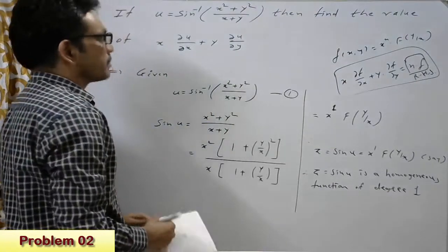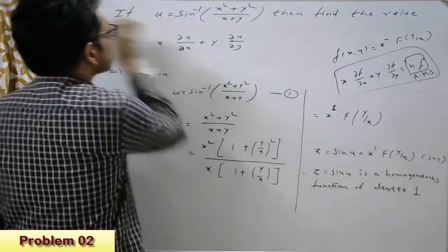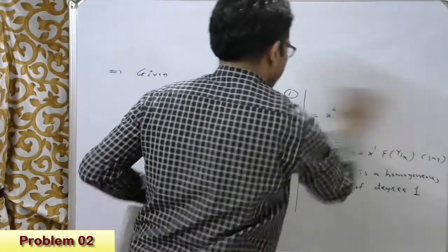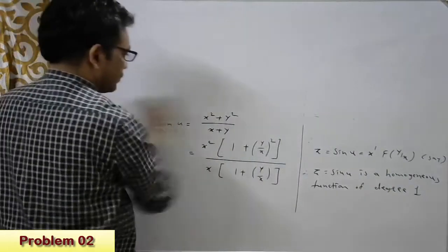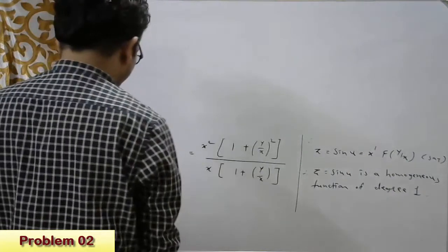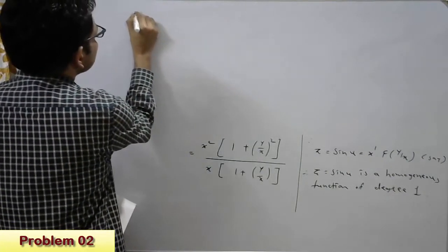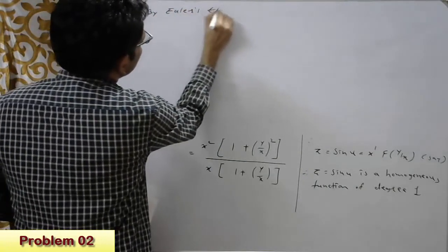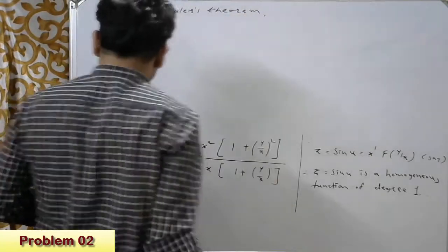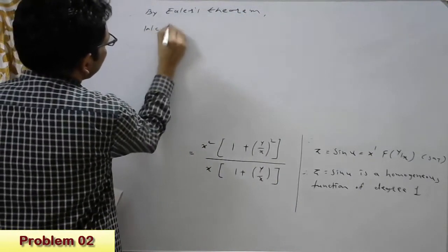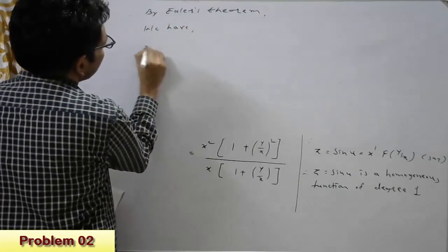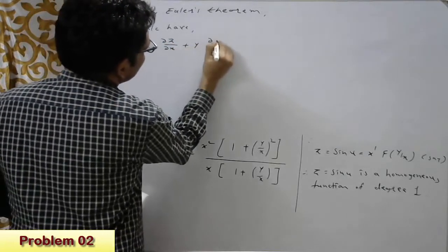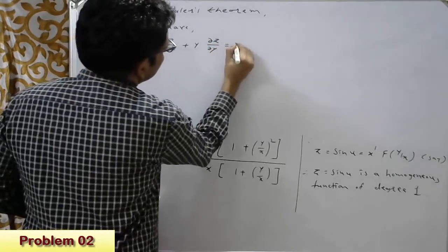Therefore, by Euler's theorem, we have x into del z by del x plus y into del z by del y is equal to n into z.